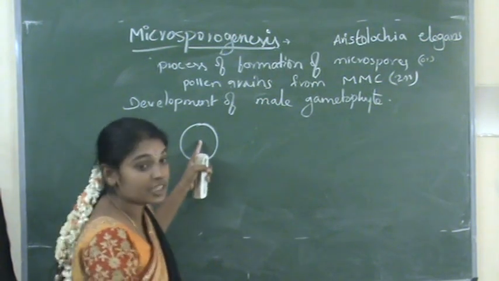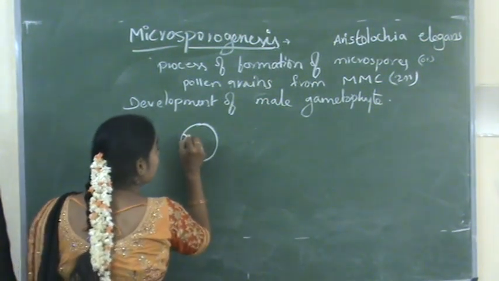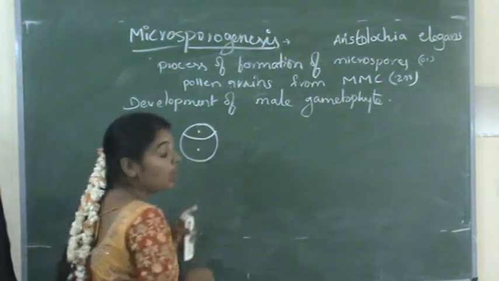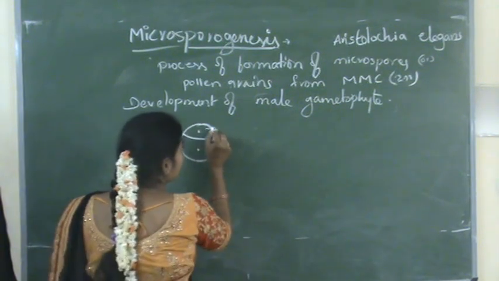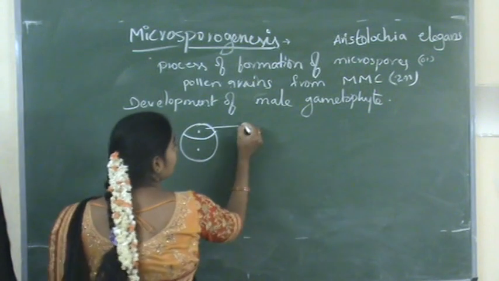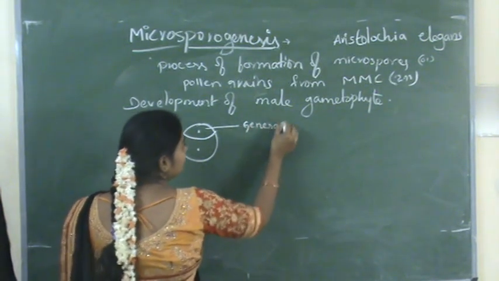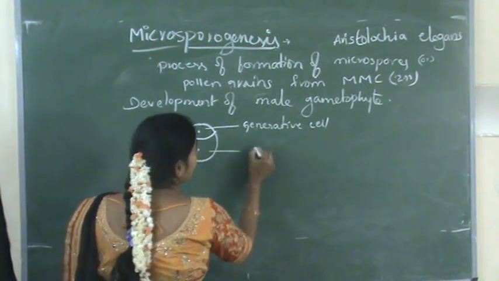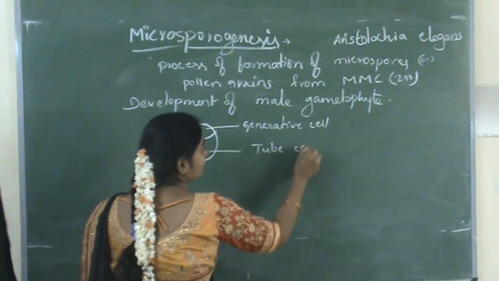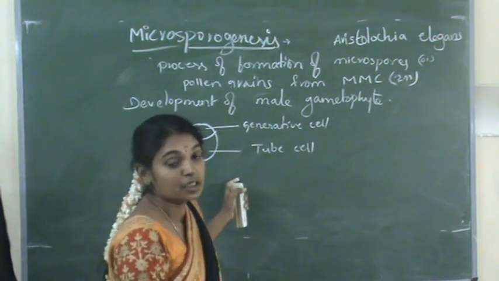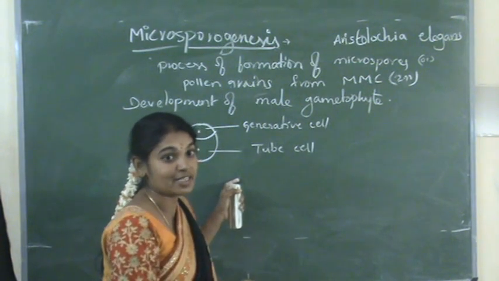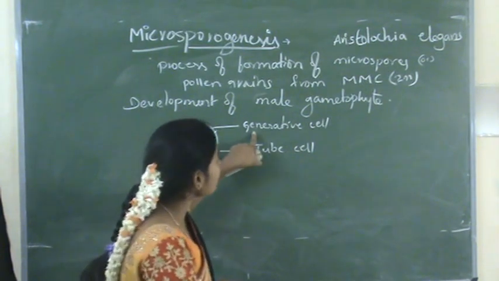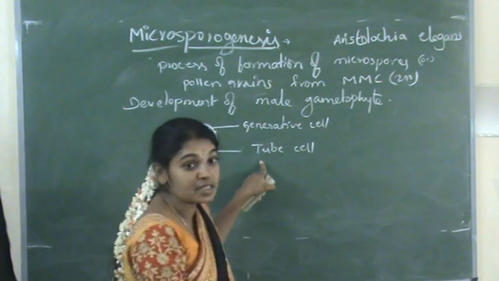As a result of this mitotic cell division, two unequal sized cells are produced, which are called the generative cell and the tube cell. So from each cell, mitotic cell division produces two different types of cells: one is the generative cell and another one is the tube cell.